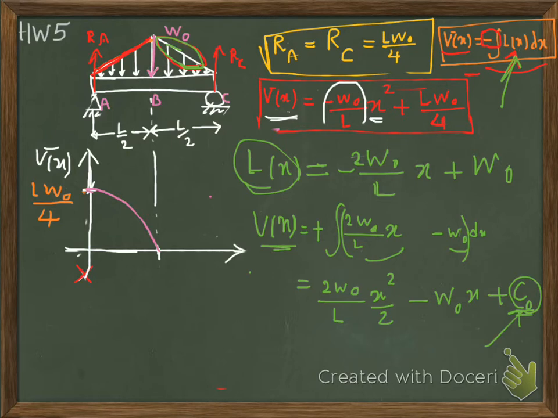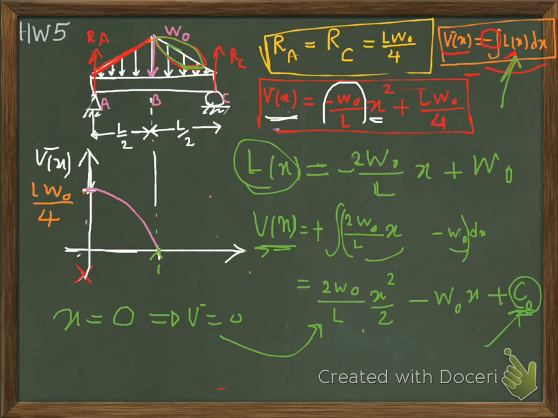All I need is a point where x and v are known. Well, I have that. At x equal to, remember, not L over 2, but x equal to 0, because I shifted my coordinate system. Start 0 there. At x equal to 0, v is actually 0. So I apply that to this equation and find c naught.